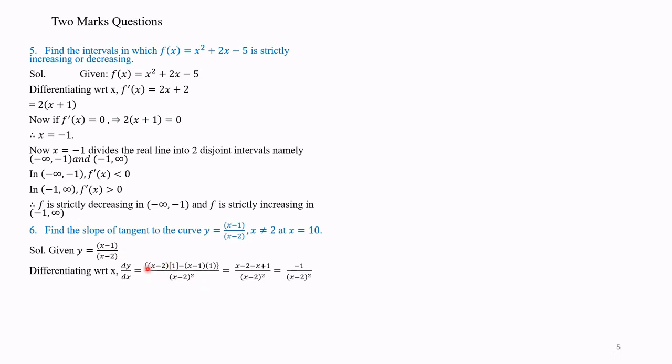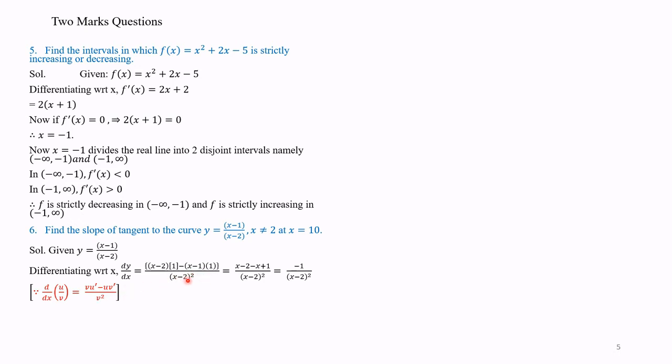So, x minus 2 into 1, that is dy dx of x is 1, minus x minus 1 into v dash, which is 1, divided by x minus 2 whole square, that is v square.